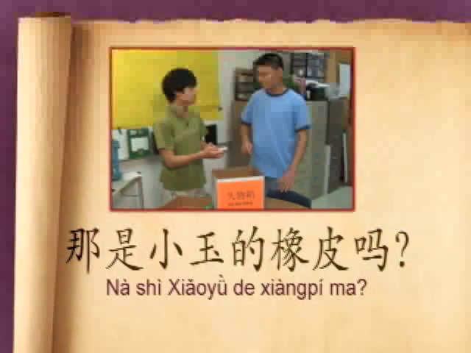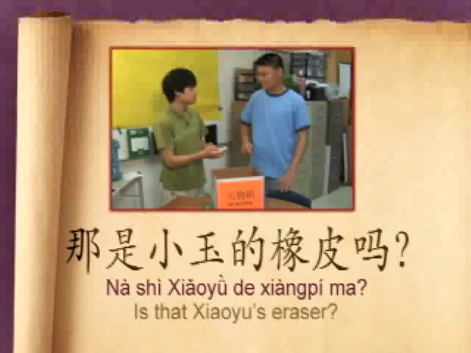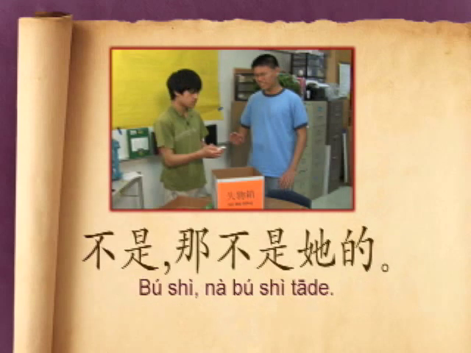Student number 1 said, 那是小玉的橡皮吗? Is that 小玉's eraser? Notice ma at the end of this sentence. Student number 2 replied, 不是，那不是她的。No, that is not hers.